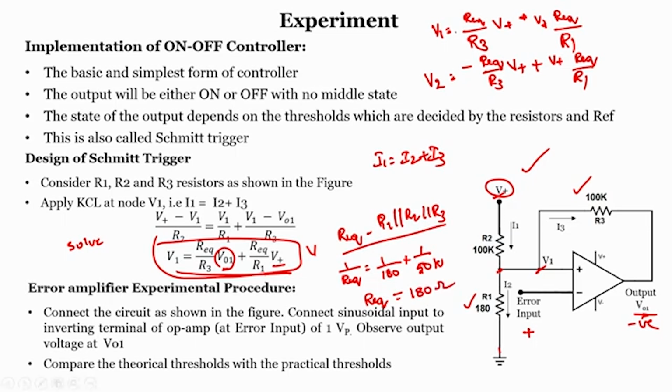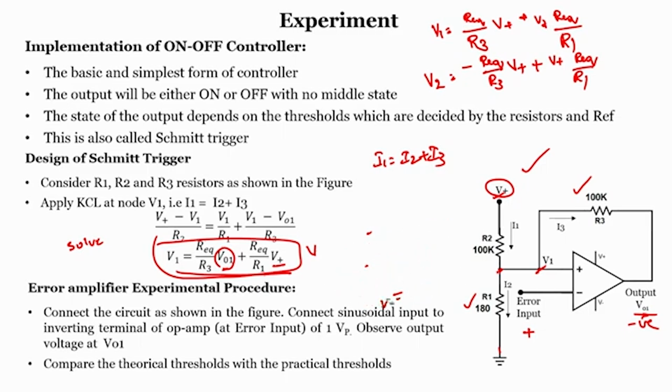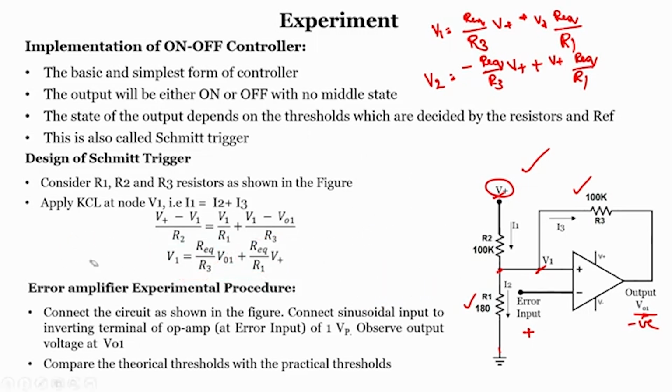Now, we need to find out the V1 and V2 thresholds. Let me erase this. We understood the R equivalent value, which is 180 ohms. So, one threshold V1 is 180 divided by 100 K into 15, plus 180 divided by R1, where R1 is 180, into 15. The 180s cancel.